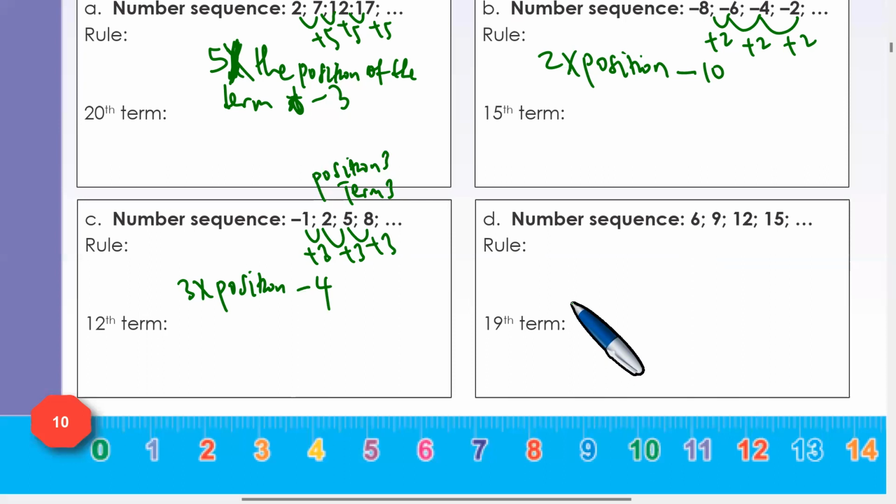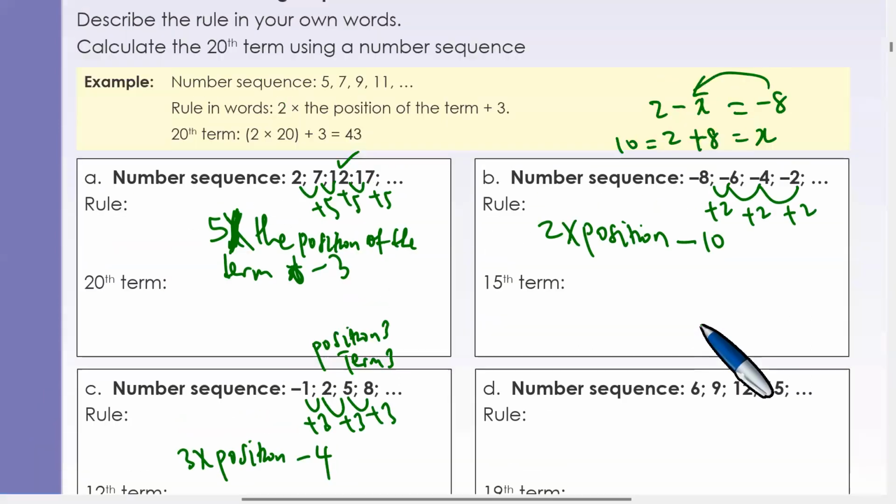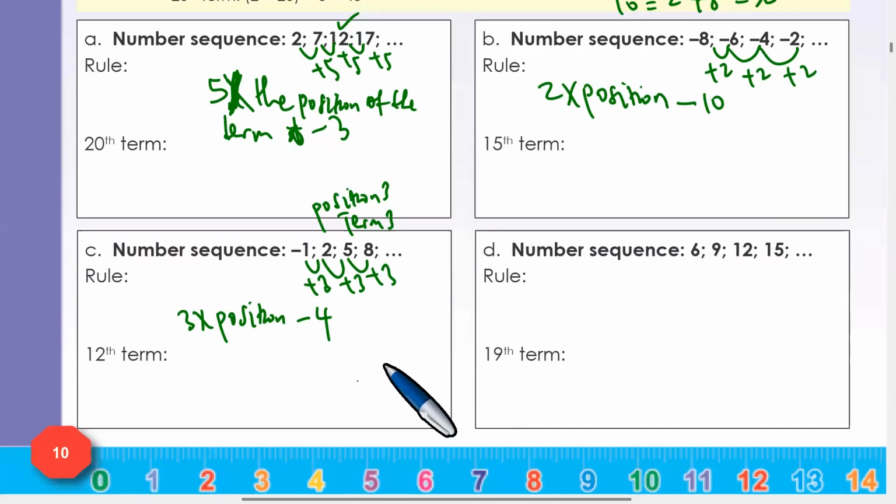Okay, obviously we're not finishing this. We can finish them off. Okay. What is the 12th term? What would the 12th term be here? Term number 12. What would it be in C?